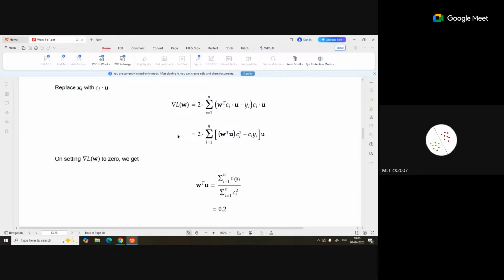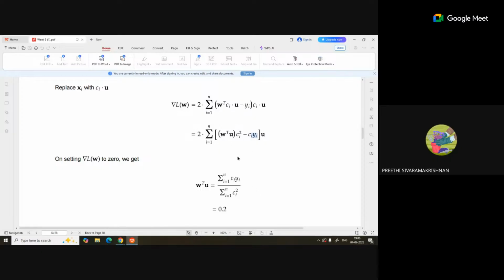So when 0 is here on the left hand side, this 2U can go to 0. Fine. Then summation of this part and summation of this part, can I make it separate? Yes, sir. Okay, and one of the parts will go to that side. Let's say summation of i equals 1 to n Ci yi will be going to that side, and this will remain on this side. Is that fine?